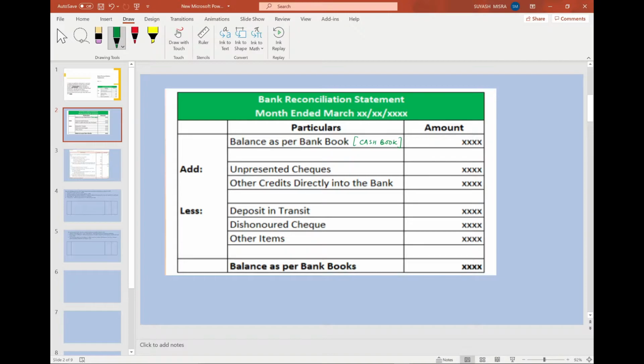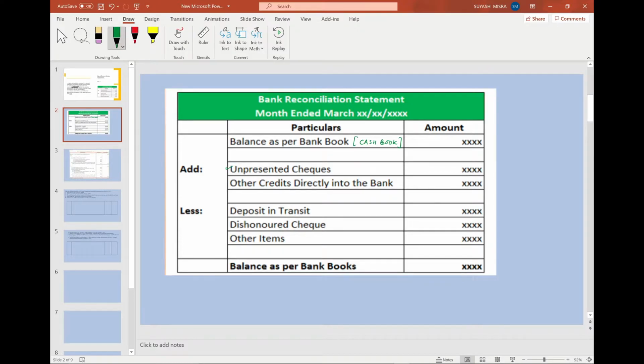So I will add back, because my bank balance is showing more and my cash book is showing less balance as on that day. To balance it out, I have to increase my cash book so that it's at par with the balance of the bank book. The checks which I have issued but have not been presented, the company's account is already showing less. That is why it is added.